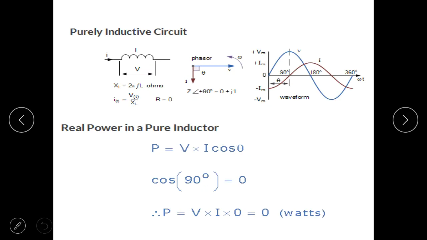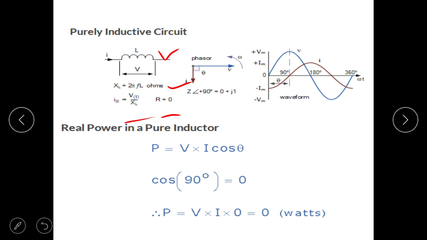Second is a pure inductive circuit. In the given circuit, a pure inductor is represented, and a voltage source of V volt is applied across the terminals of this inductor. XL is the reactance of the inductor, that is 2 pi FL. Current in the inductor is V by XL. R is 0.